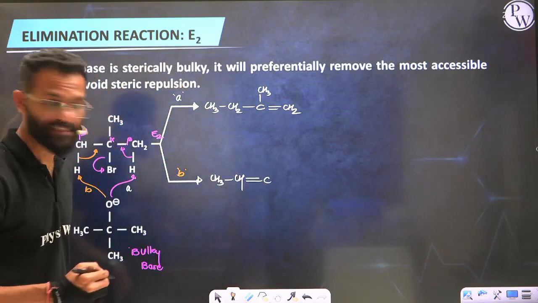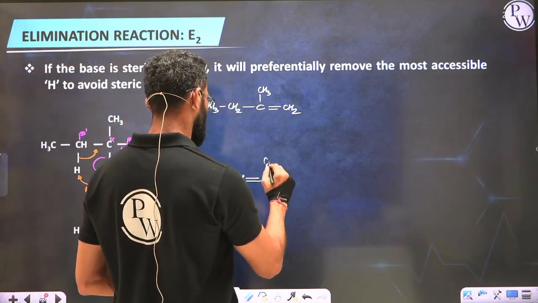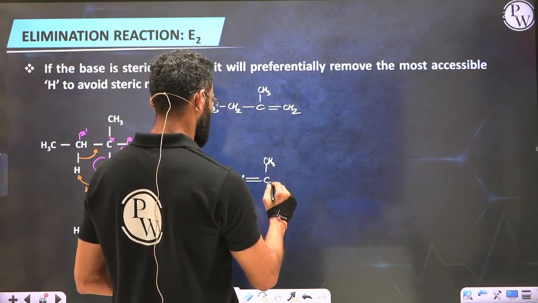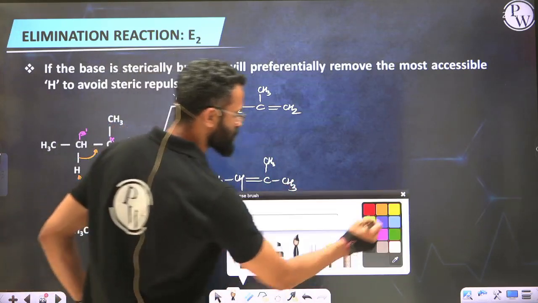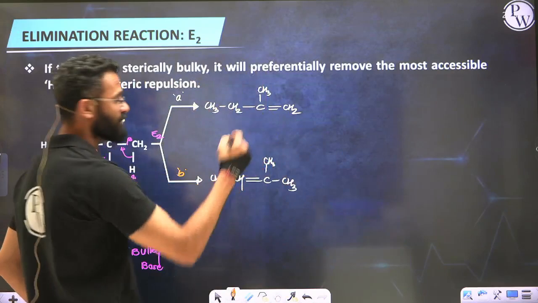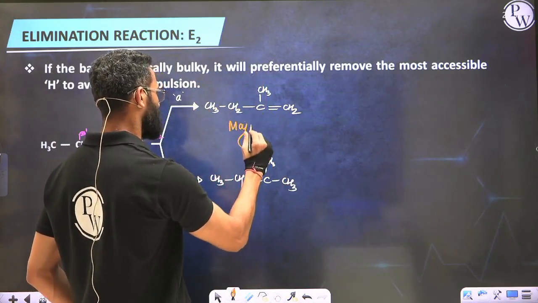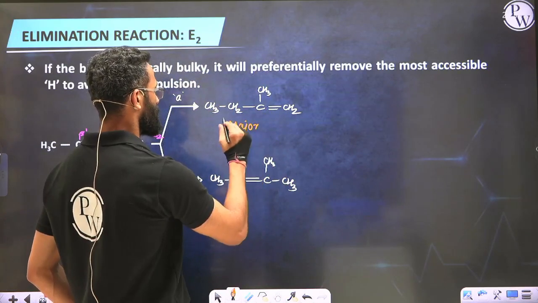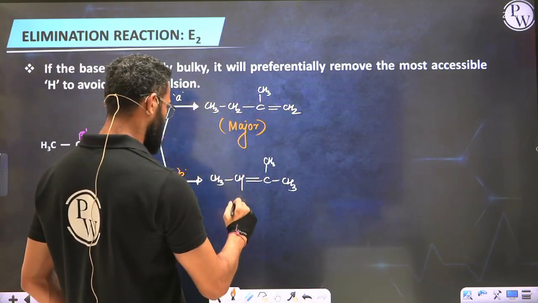CH3, CH3 carrying methyl and another CH3. So in this case, which is major? The Hofmann elimination product is the major product, because this alkene is obtained by removal of the more accessible H. This is the minor one.